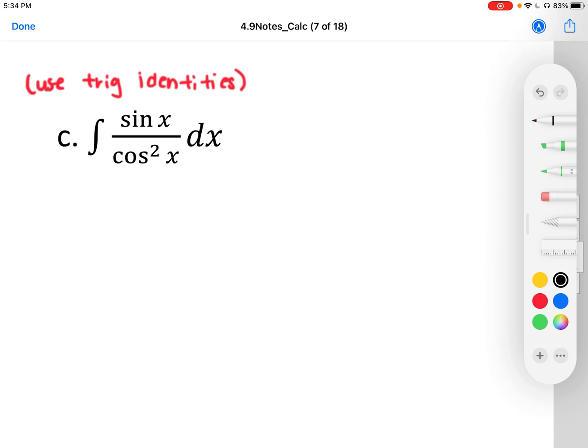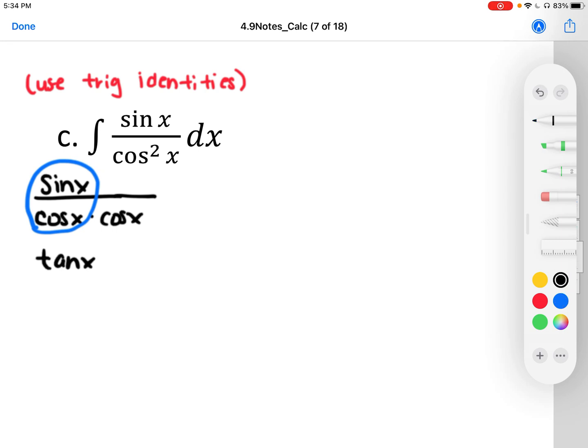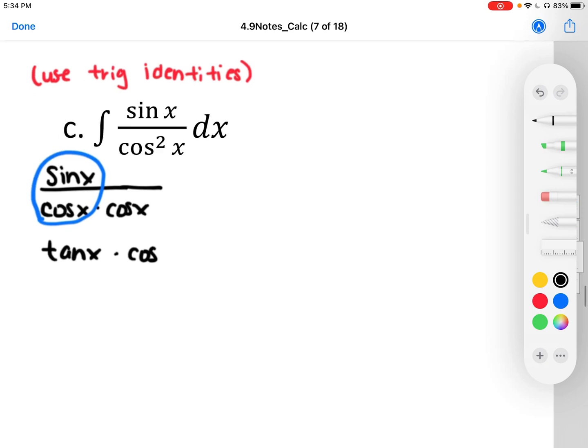This is the same as sine of x divided by cosine of x times cosine of x, because it's squared. I know sine of x divided by cosine of x, that's tangent x. So I have tangent of x times cosine of x.